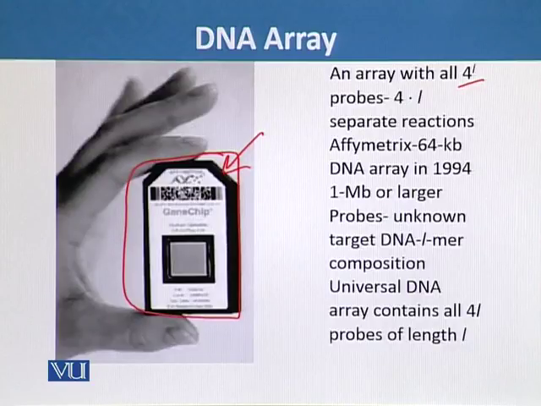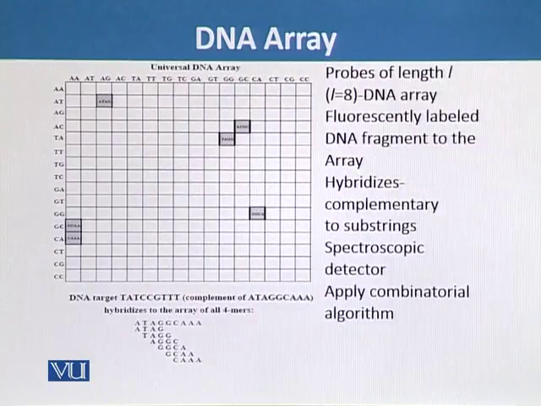We have already seen an example of L-mers before. The universal DNA array contains all 4 raised to the power L probes of length L and is applied as shown here.